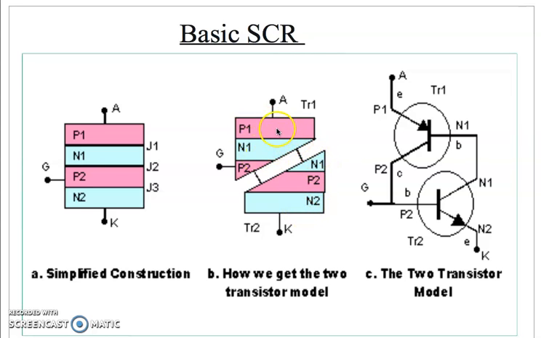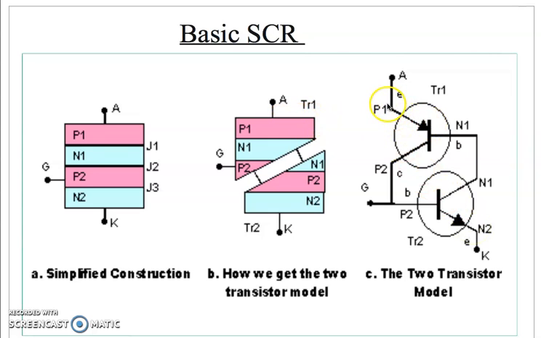This transistor is TR1, transistor 1. It is represented in this way. The anode acts as the emitter of transistor 1. Similarly, the bottom transistor NPN is represented in this way, and the cathode acts as the emitter of this one. The upper transistor TR1 is PNP, so the arrow marking is inward, and the bottom transistor is NPN, hence the arrow marking is outgoing.